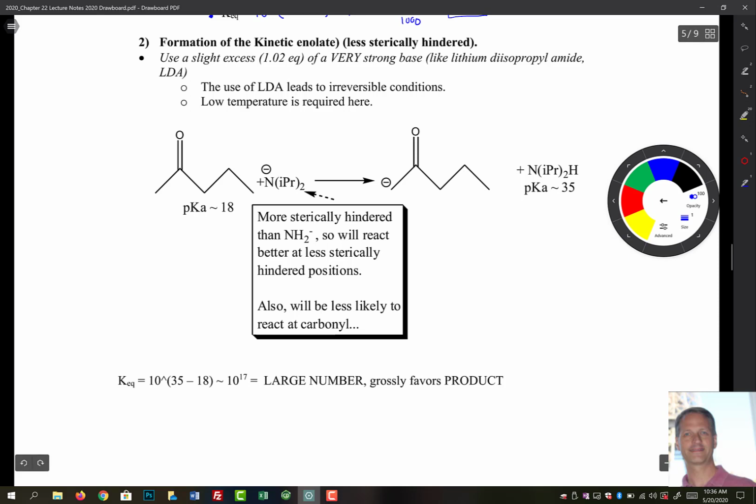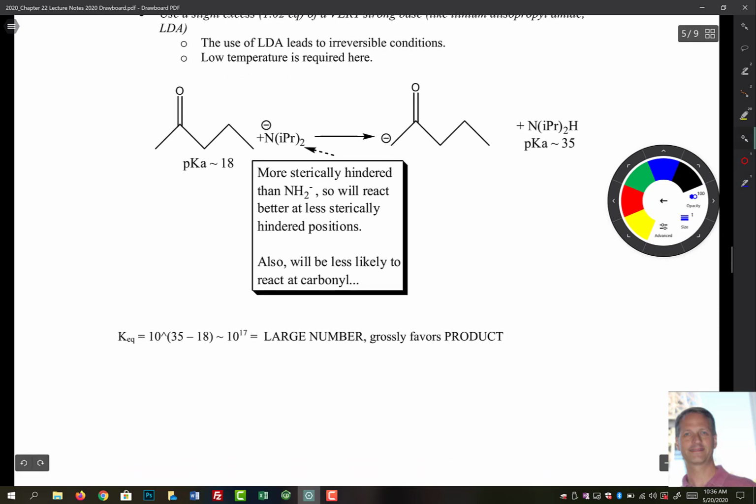So there's a couple of different ways that that's prepared. I want to show you just down here below a little bit about this. So here you have HN and then iPr2. So that's diisopropylamine. And to this we can add a base like n-butyllithium.